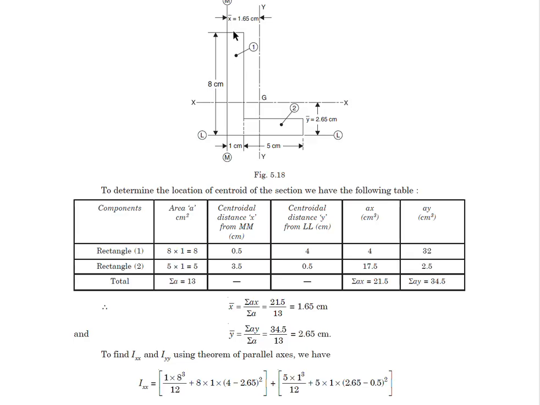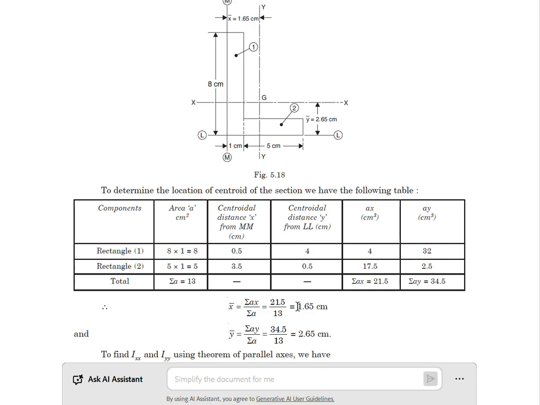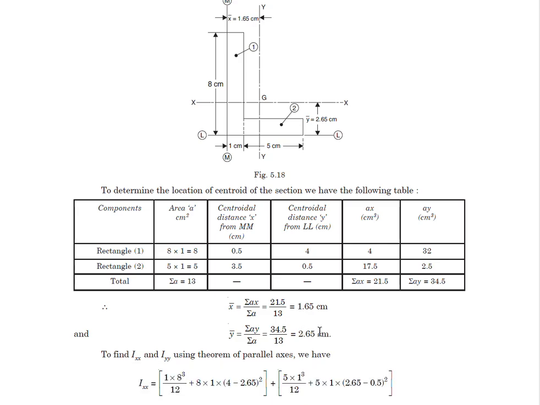Remember, the CG of the first rectangle is different from the CG of the L-shaped lamina, the combined figure of 1 and 2. You already found that this is 1.65 and 2.65. So you can find the distance of the CG of this rectangle from this line XX, which passes through the CG of the combined L-shaped lamina.